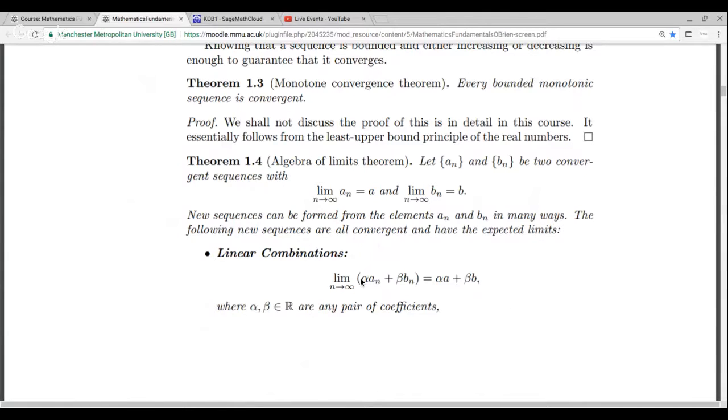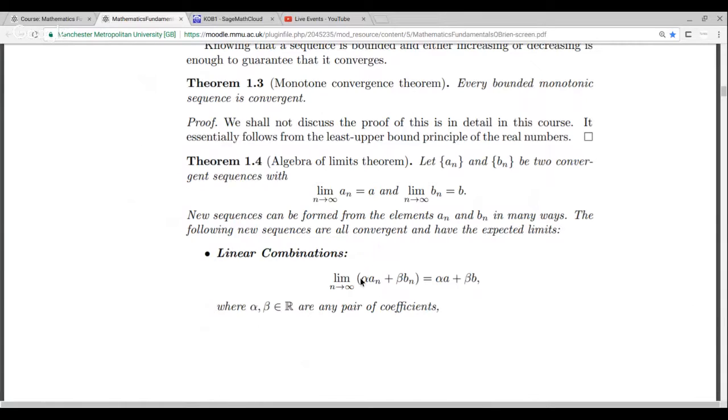We need to prove that alpha AN plus beta BN converges to alpha A plus beta B. I'm just making a declaration at the start, making it clear to myself what I'm doing.